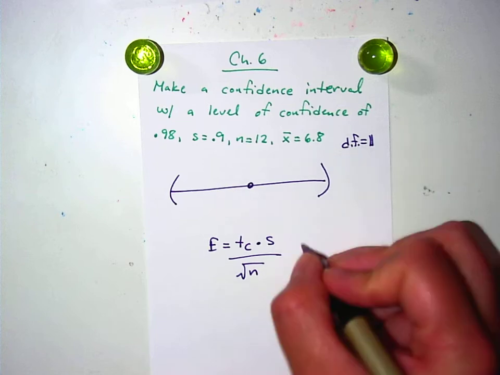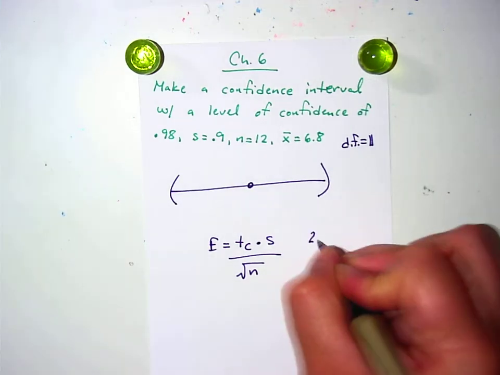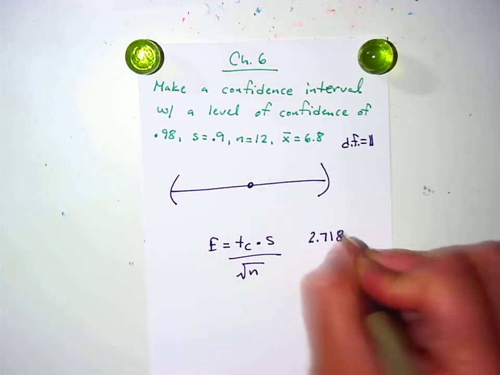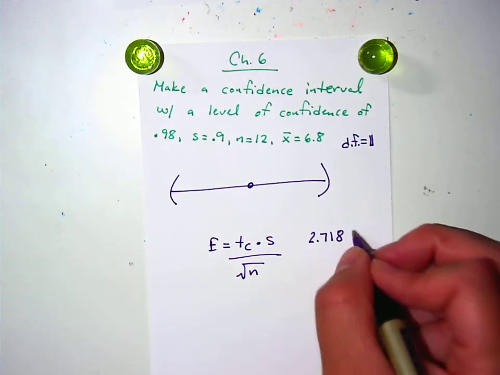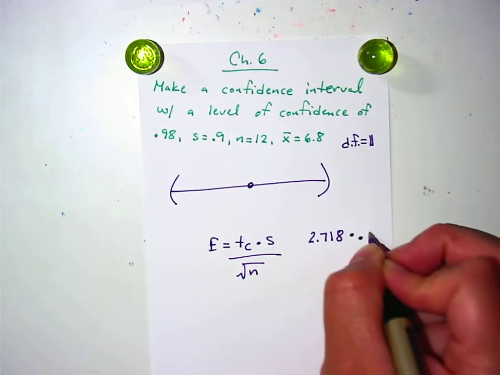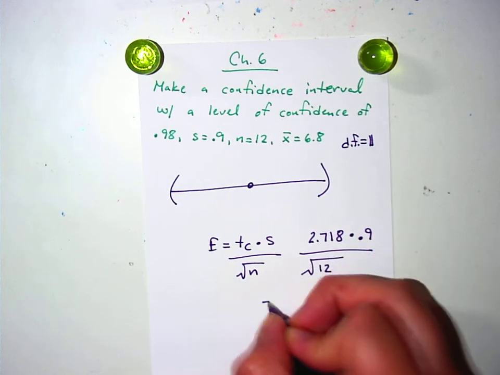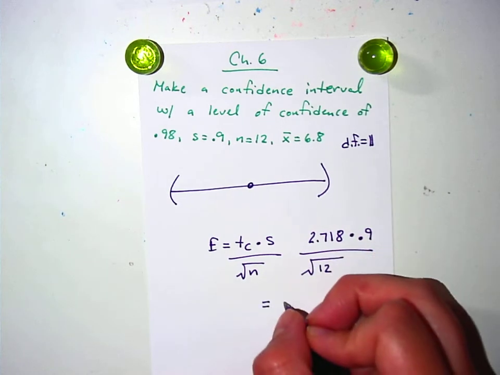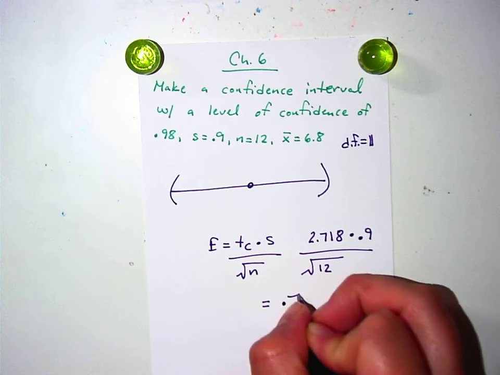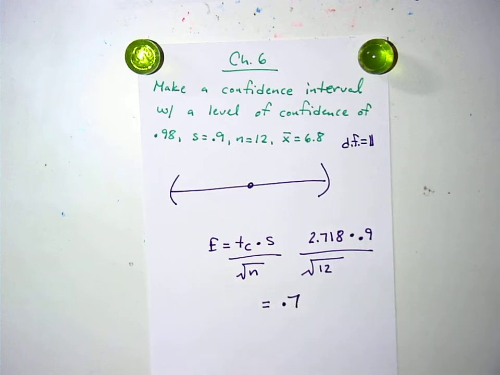If you look that up correctly, you find that the t-score is 2.718, and then multiplied by our standard deviation of 0.9 and divided by the square root of 12. That gives you an error of 0.7.